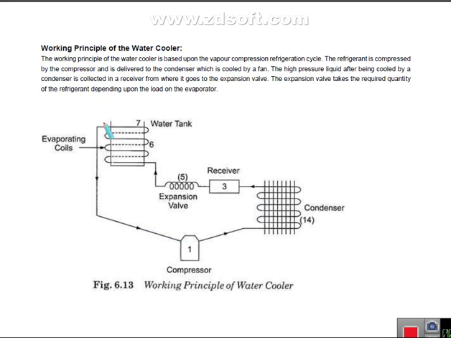So this cycle keeps repeating again and again: compressor, condenser, where the high temperature fluid is cooled at high pressure, then expansion, where it expands and takes out the latent heat of the working fluid to be cooled, and after the evaporating coil, it is fed again to the compressor. That is the main working principle of a water cooler.